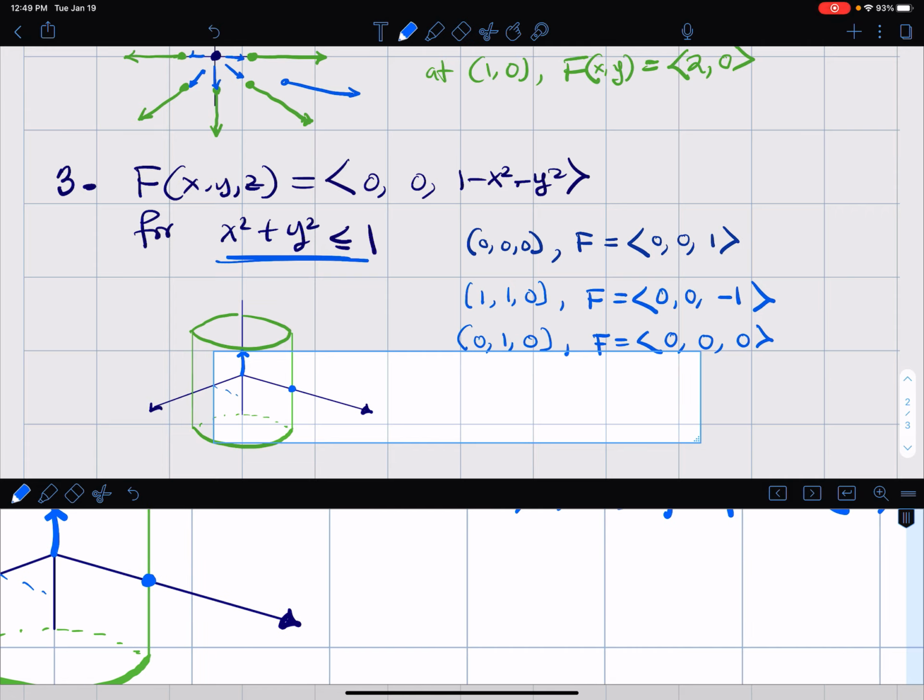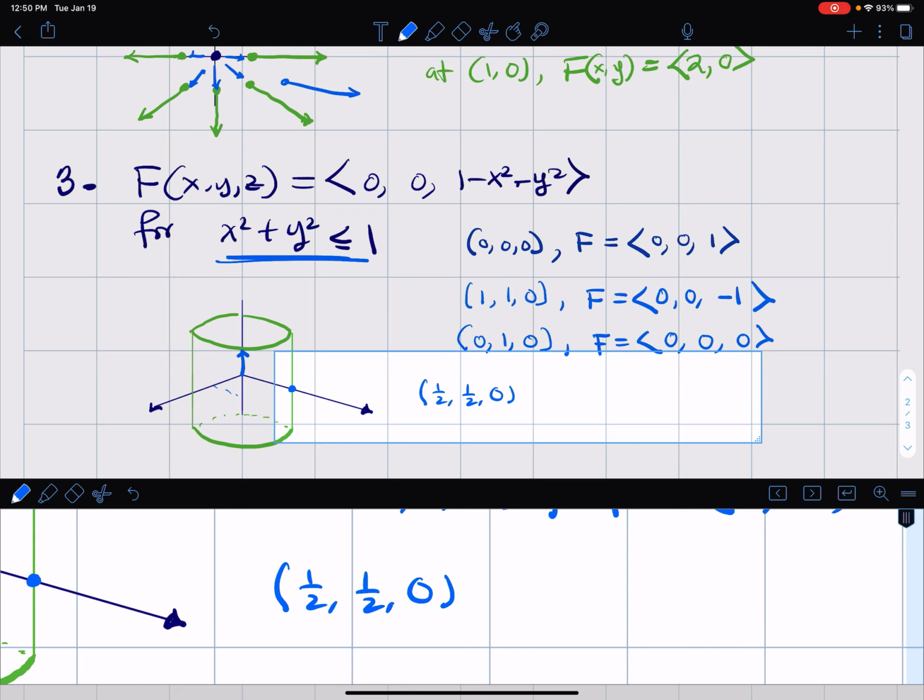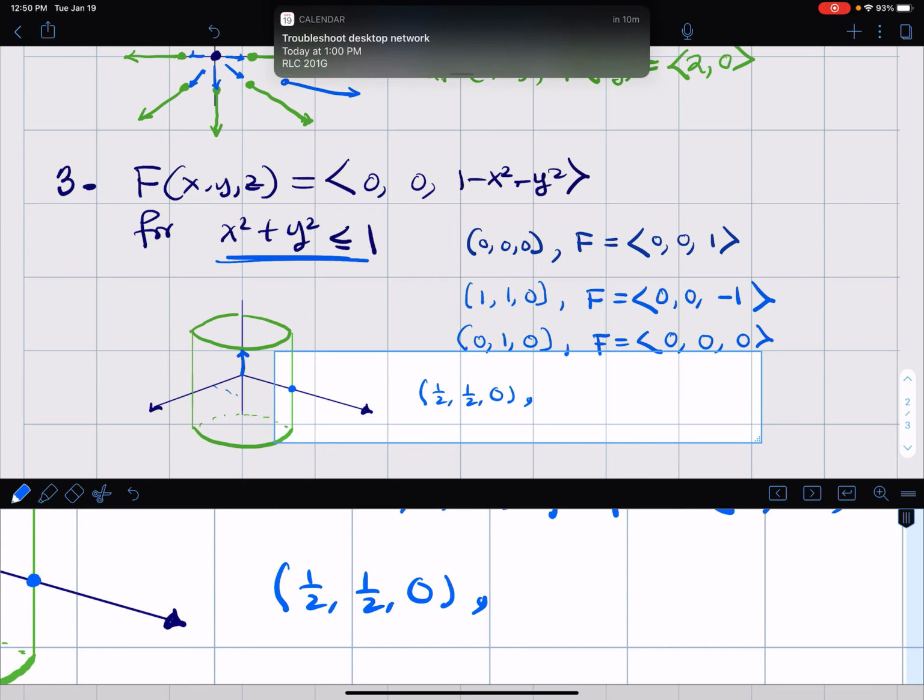All right, let's pick now 1/2, 1/2, 0. I'm still stuck on the xy plane to really understand what's going on. If I do 1/2, 1/2, I end up getting 0, 0, and actually 1/2.